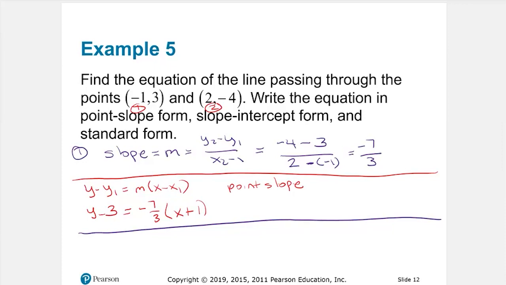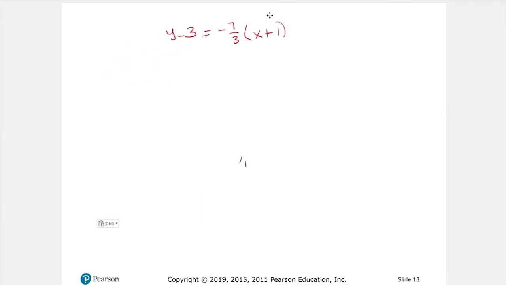Now, I don't know what the intercept is, do I? And what we're going to do is we're going to take our point slope equation. Okay, so I have y minus 3 equals -7/3 times x plus 1. This is point slope.